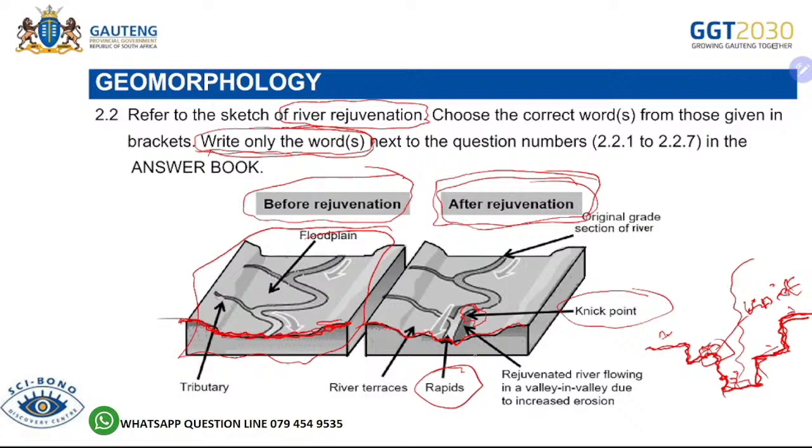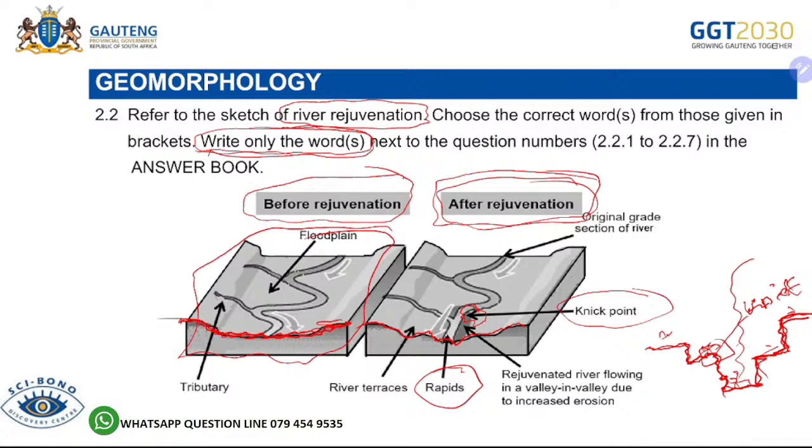Then if you were to look at it from the top view, you would have this forming an uneven surface along the river channel.